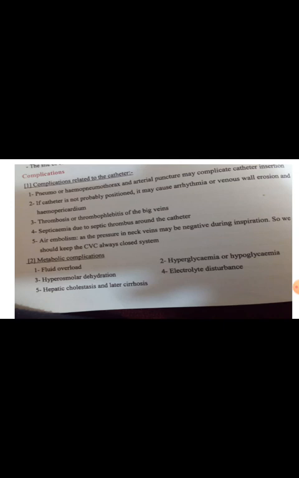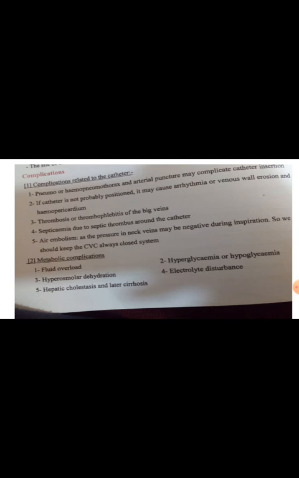Then electrolyte imbalance: hyperkalemia, hypokalemia, hypocalcemia, hypercalcemia. Hepatic cholestasis, and later on cirrhosis, due to decreased excretion of bile from the liver because of decreased oral intake, leading to hepatic cholestasis.